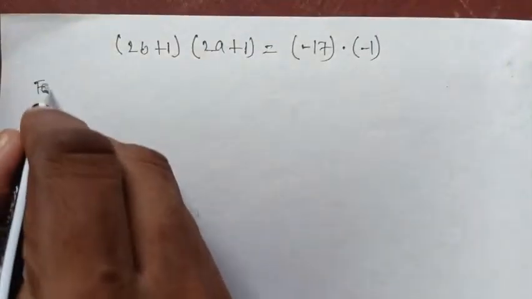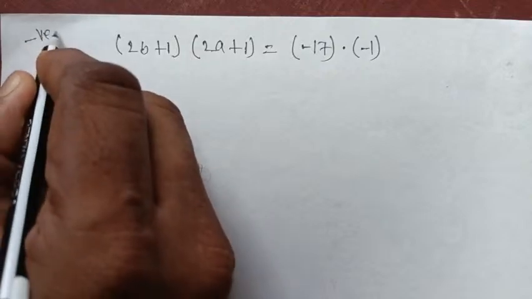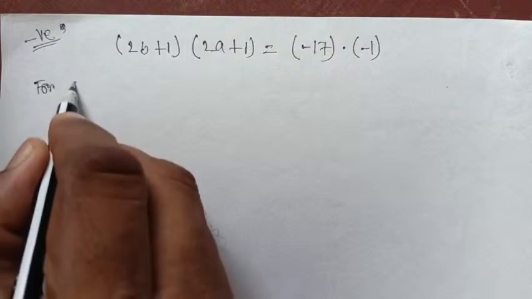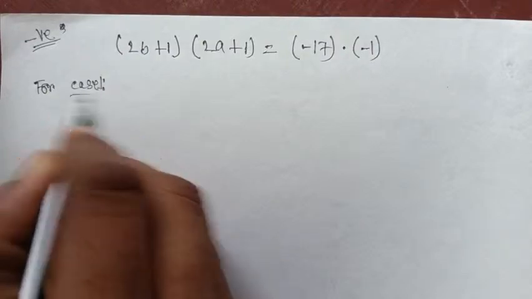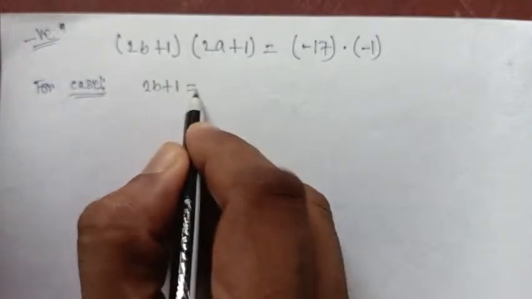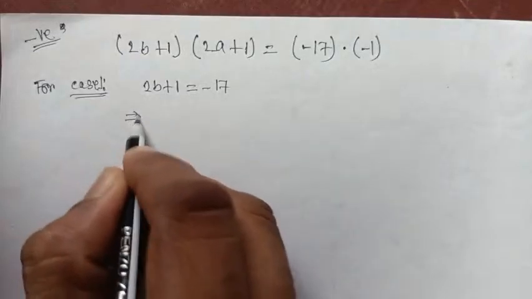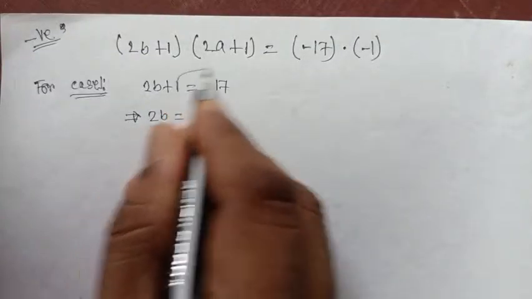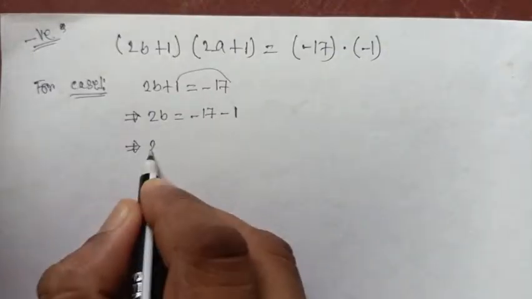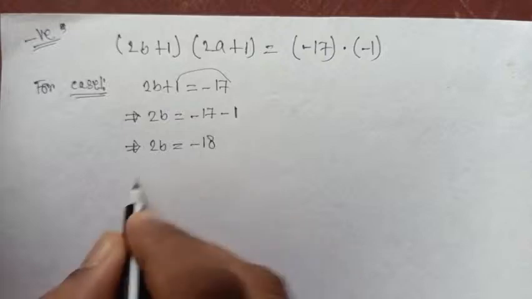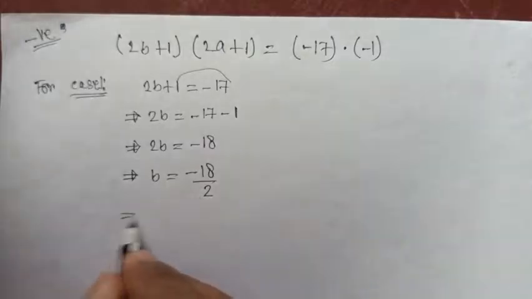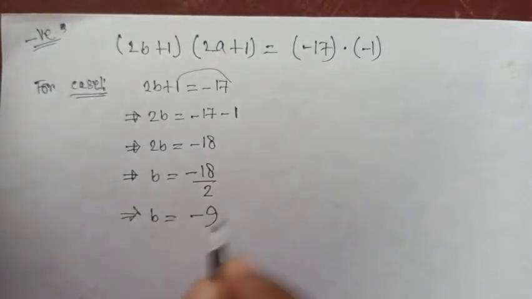For case 1, for the negative scenario, if we take 2b plus 1 equals to minus 17, then if we move that 1 to the right hand side, that will be minus 1. Now 2b equals to minus 18, and b equals to minus 18 by 2, and b equals to minus 9.